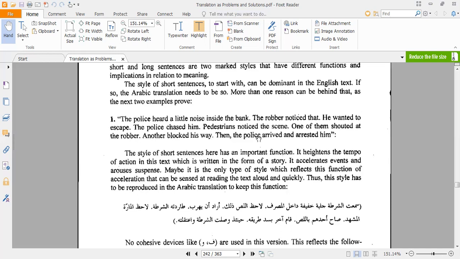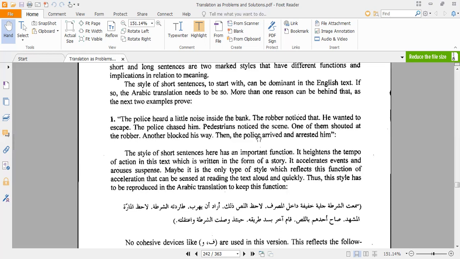Okay, so as you see, this paragraph seems to be a story, and the short sentences indicate the continuity of the action. I mean the actions are happening very fast, continuously. يعني الأحداث تبدو أنها تحدث بشكل متسارع ورا بعض مباشرة.